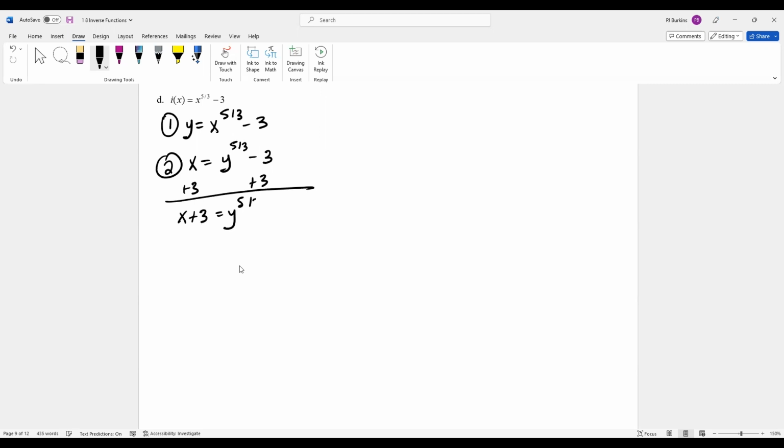How do I undo a power of 5/3? Well, if I have y to the 5/3 and I raise it to the power 3/5, what happens? I'm multiplying those 2 powers together. So I have 5/3 times 3/5, and all of that is going to reduce down to 1, which is just y.